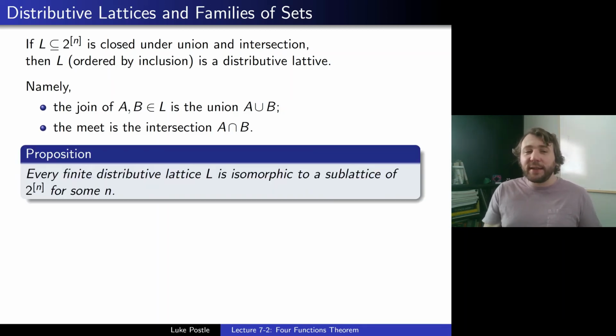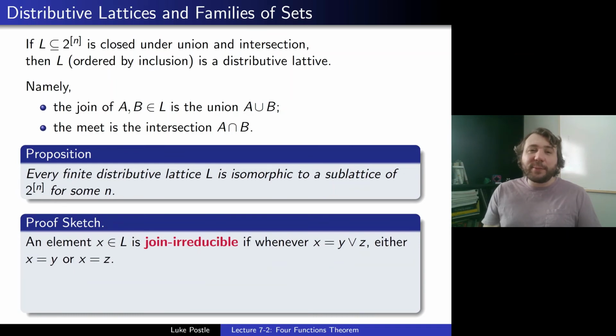Less obvious is that every finite distributive lattice L is isomorphic to a sublattice of a family of sets. So why is this? Well, an element x in L is join irreducible if whenever x is the join of y and z, then either x equals y or x equals z.